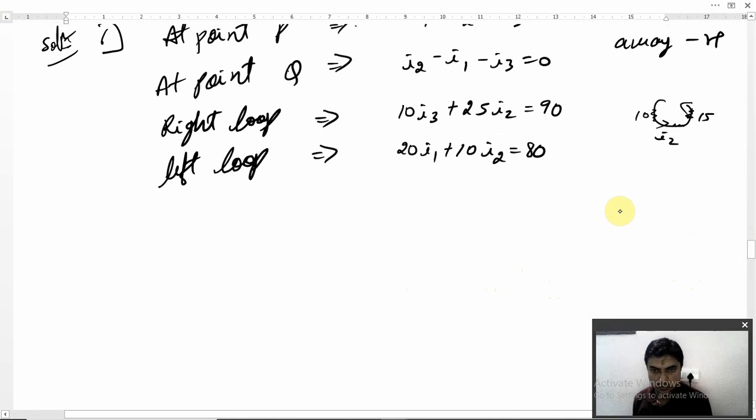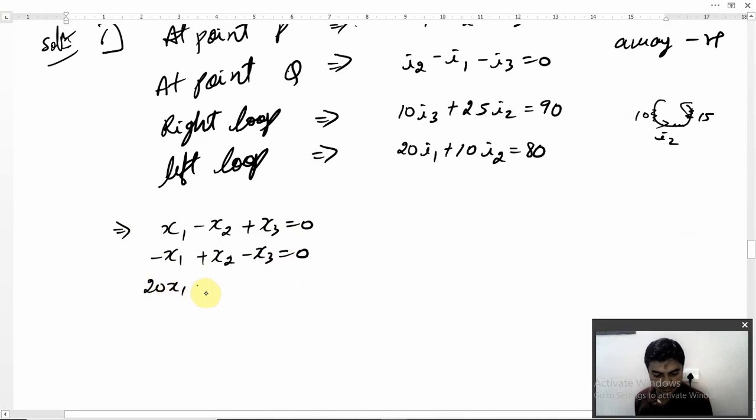This is very simple. If you write this in the form of simultaneous equations, I am going to take x1 minus x2 plus x3 is equal to 0, then minus x1 plus x2 minus x3 is equal to 0, then 20 x1 plus 10 x2 is equal to 80.